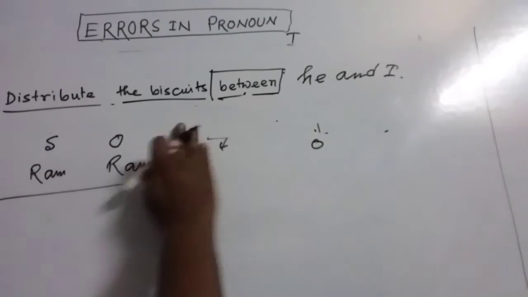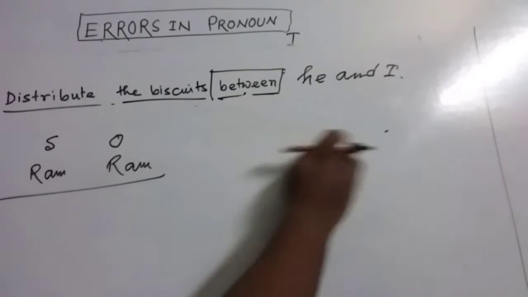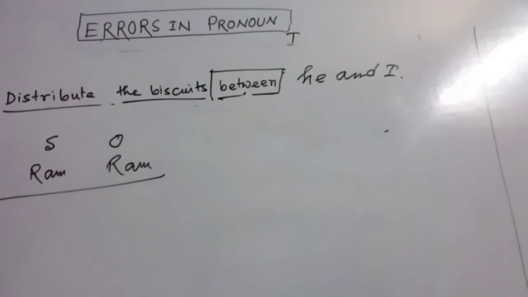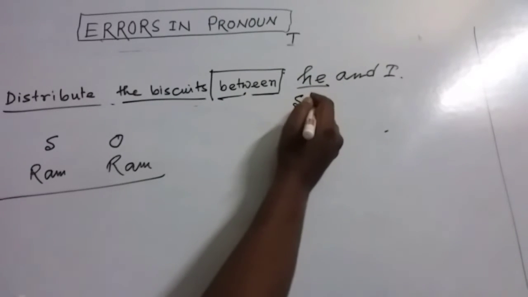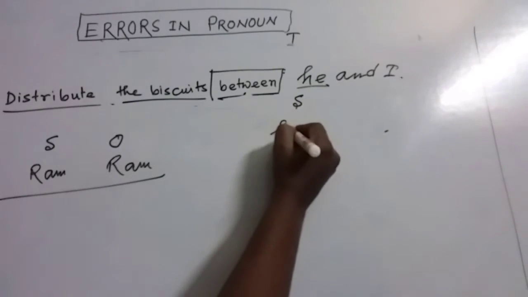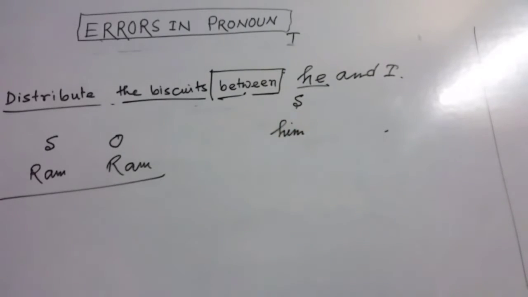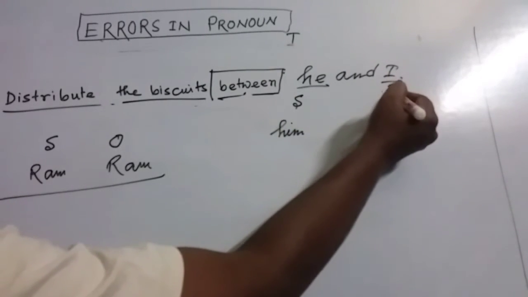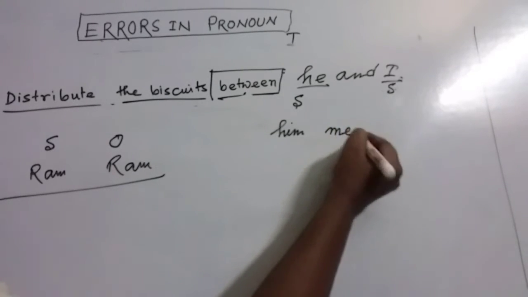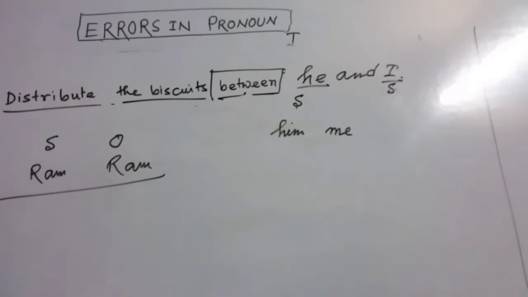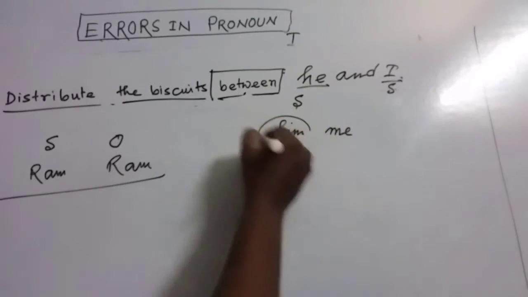Actually, as it is a preposition, after that we have to write the objective form. So he, you know, is the subjective form, and the objective form is him. And I is also the subjective form. The objective form of I is me. So my dear friends, we have to write this objective form.